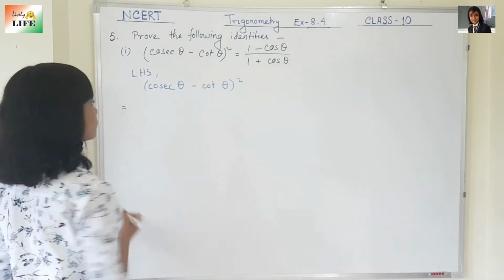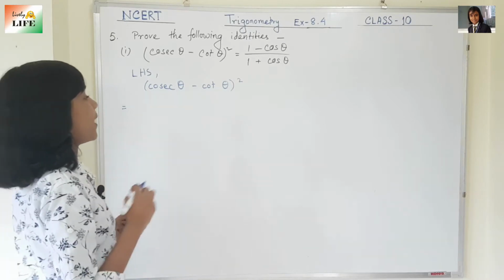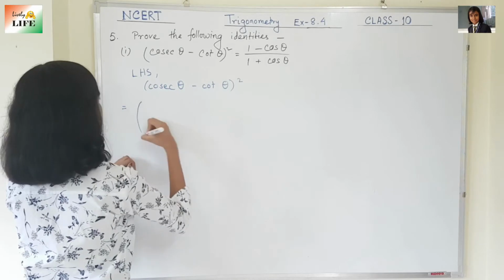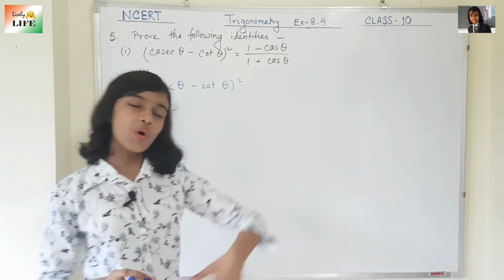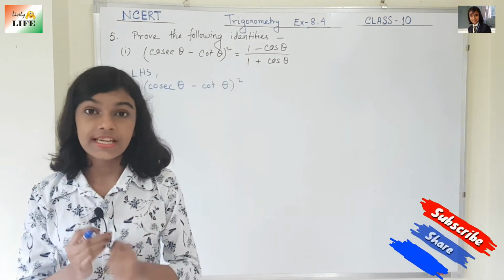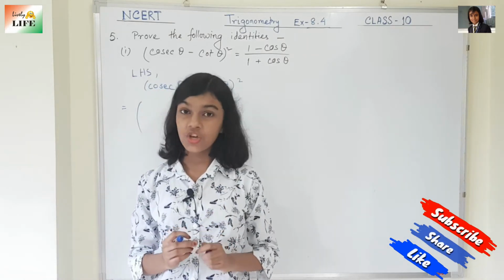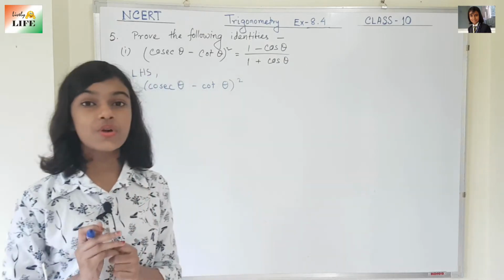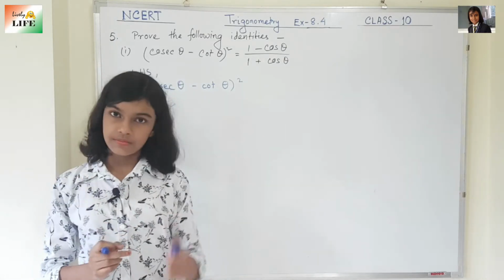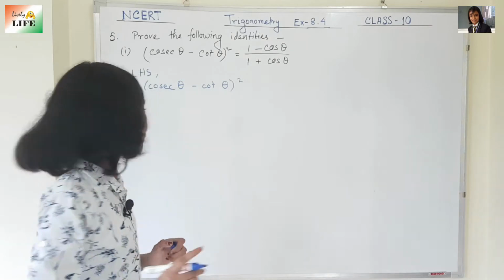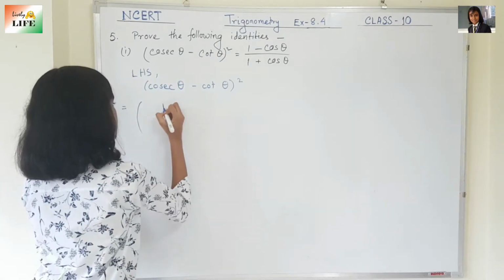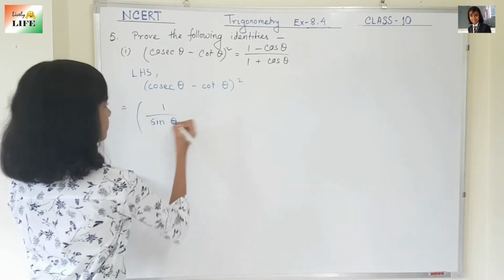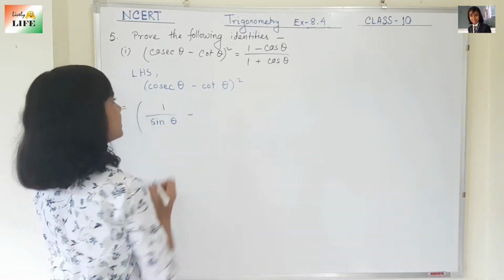So cosec theta minus cot theta whole square is there. Now what is cosec theta? We have already learnt earlier that cosec theta is the reciprocal of sin theta, right? So instead of cosec theta, we are going to write 1 by sin theta, minus.